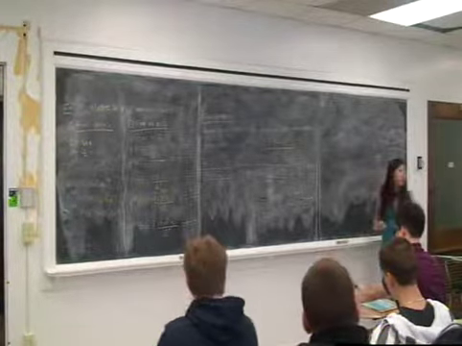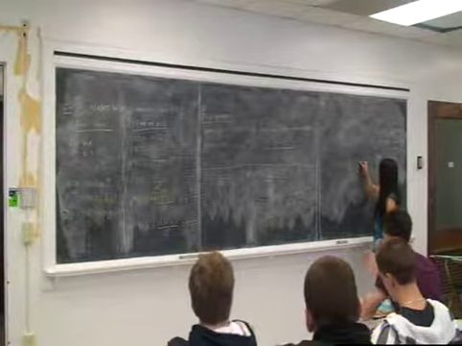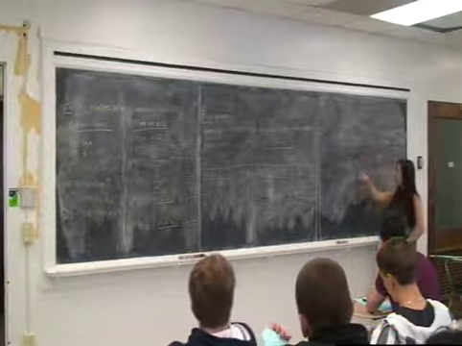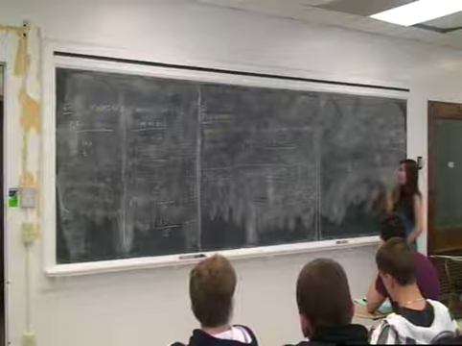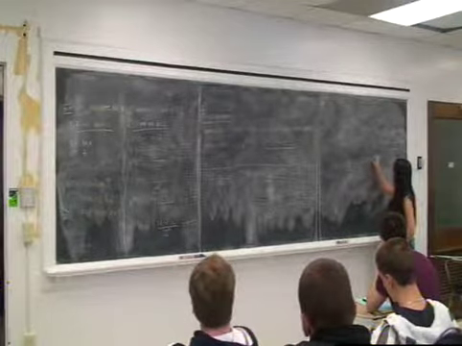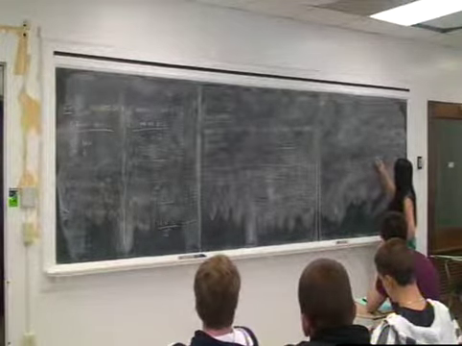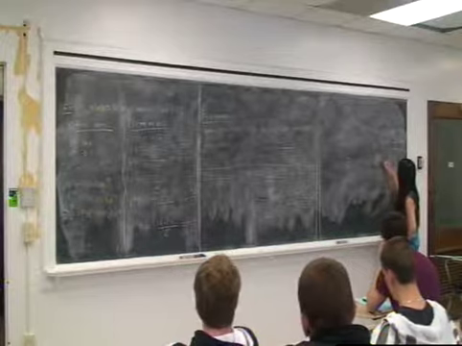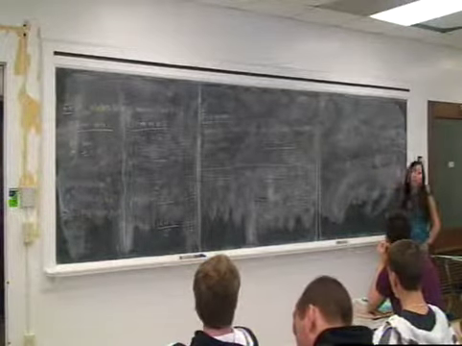If I took the sum from 0 to infinity of 1/2 to the n, I plug in the first few values of n to find the first few terms. So I have 1/2 to the 0 plus 1/2 to the 1 plus 1/2 squared. This goes on forever. It's an infinite series.